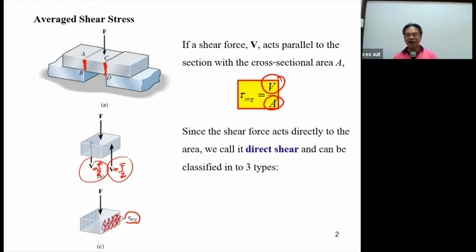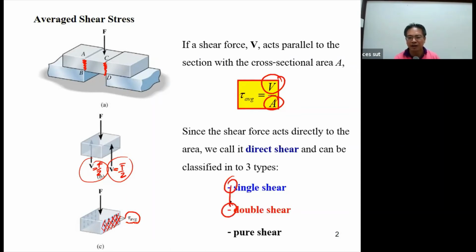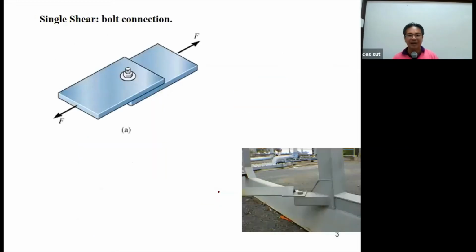And the direct shear has 3 types. One is single shear, the second is double shear, and the third is pure shear. In the lab, we will use these 2 kinds of shear in our study. For the single shear, you may see we can make a structure like this one by using the bolt.